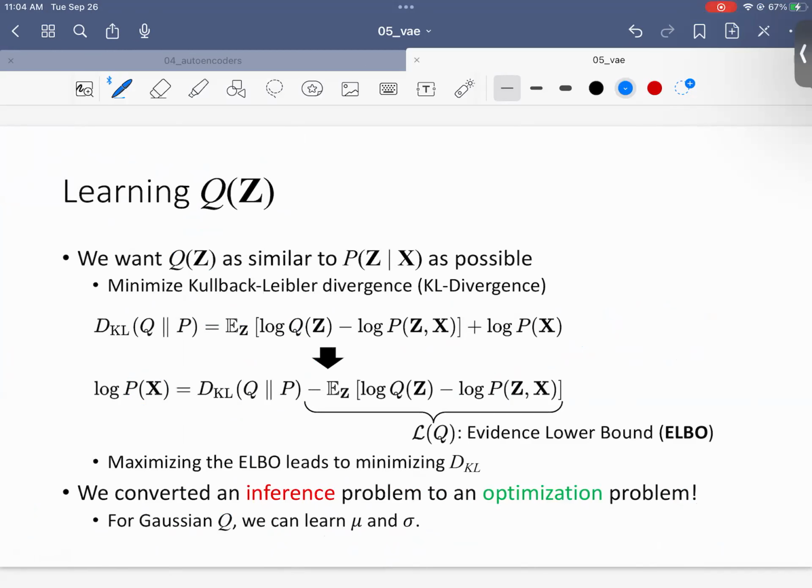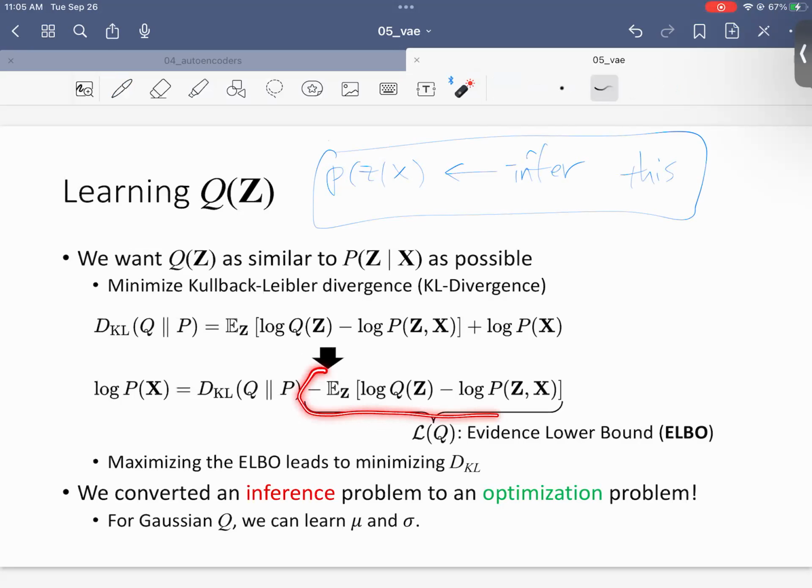Now, the evidence lower bound. The great thing about this whole thing is that what we wanted to do was learn P(Z given X), that is, infer this. That was our goal. But instead of inferring or estimating P(Z given X), we reframed this into an optimization problem, because all we need to do is maximize the ELBO term.